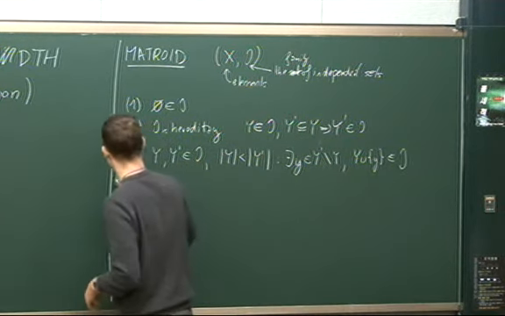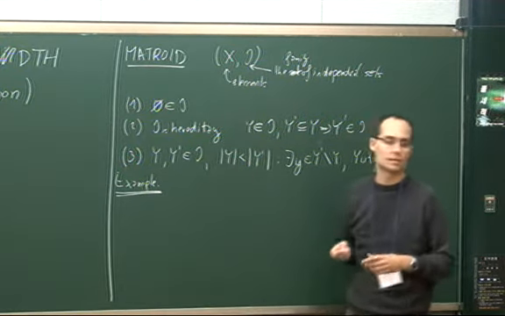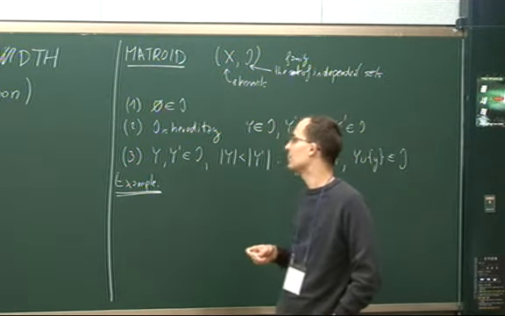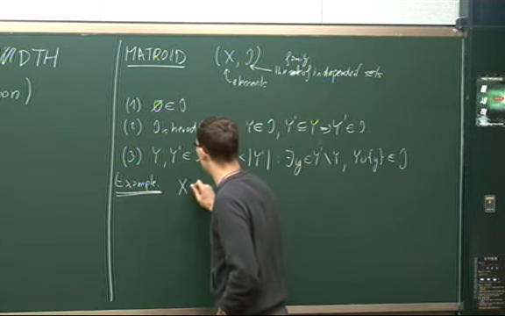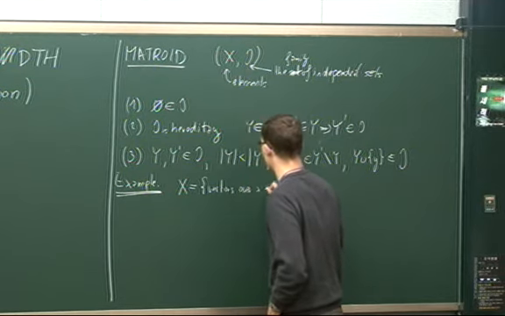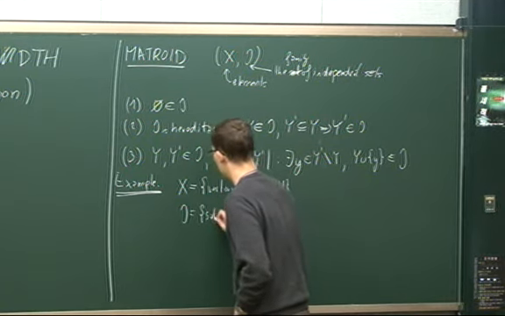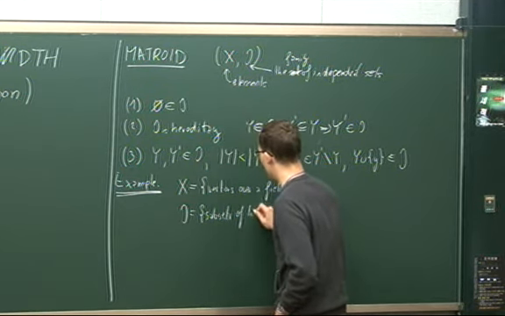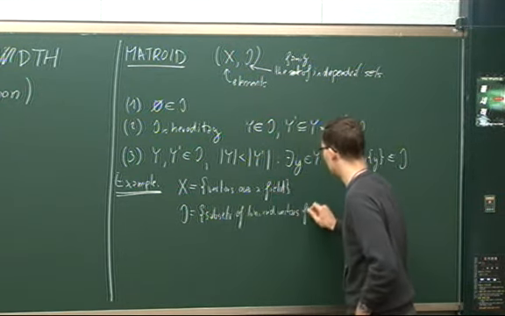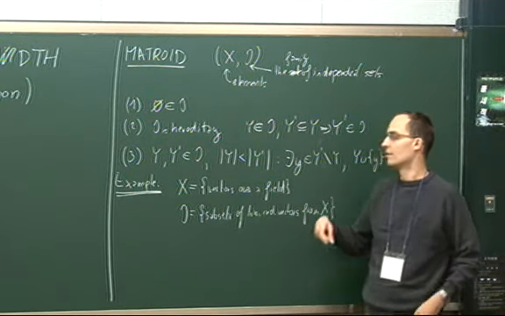So we have examples. As I said, this notion should generalize the concept of linear independence of vectors over fields. So an example is if X is a set of vectors over a field, and I are subsets of linearly independent vectors from X, then this pair forms a matroid.